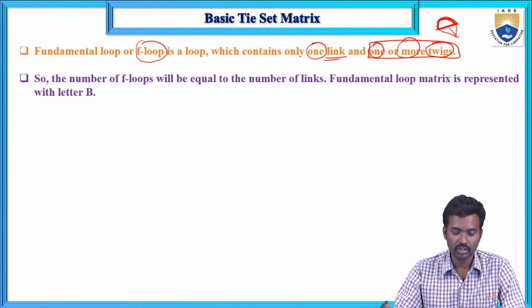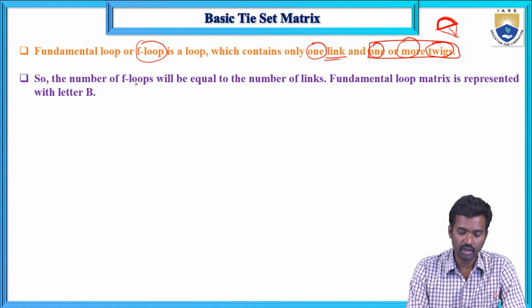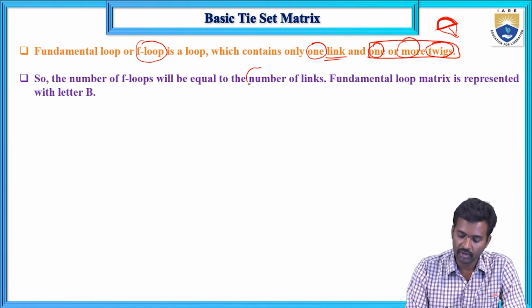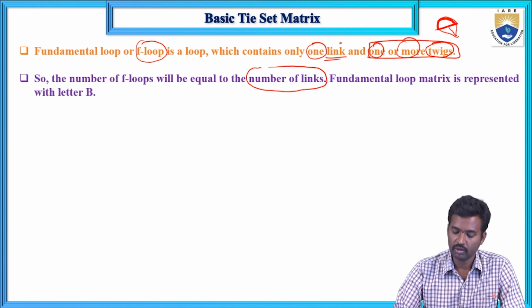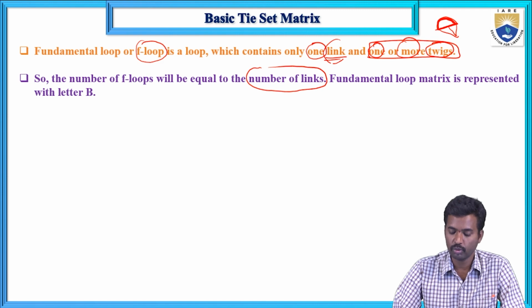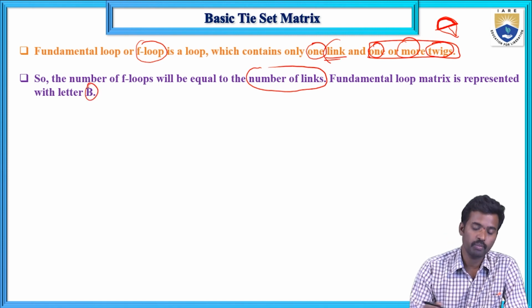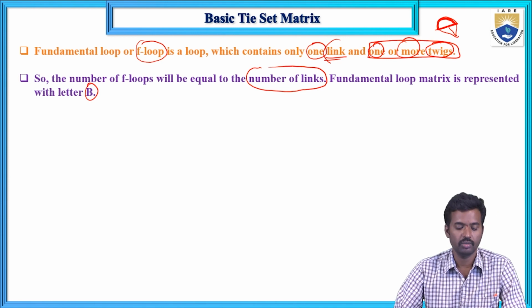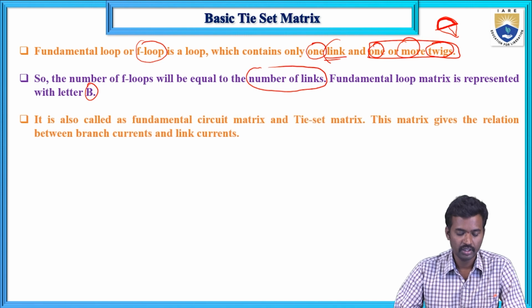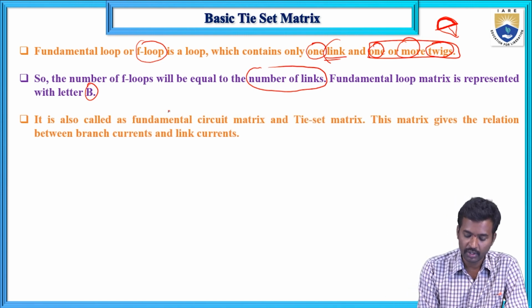The number of F-loops equals the number of links. Possible number of loops equals possible number of links, and the fundamental loop matrix is represented with capital B. It is also called the fundamental circuit matrix.